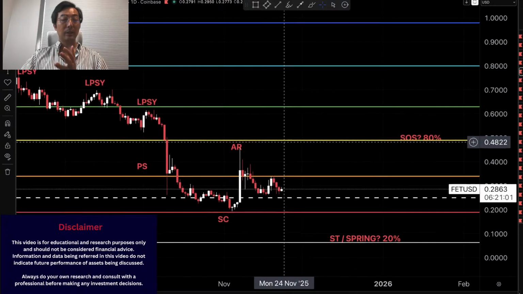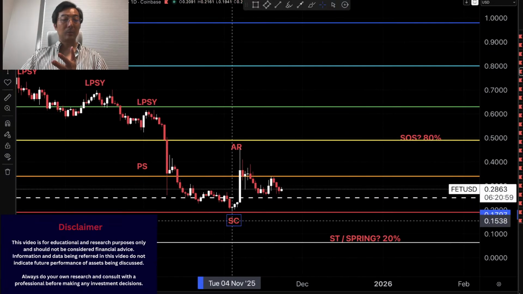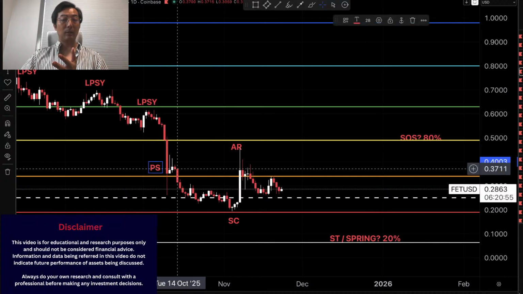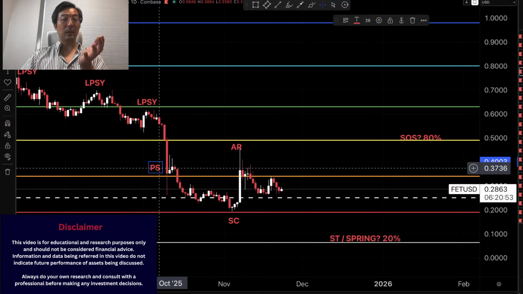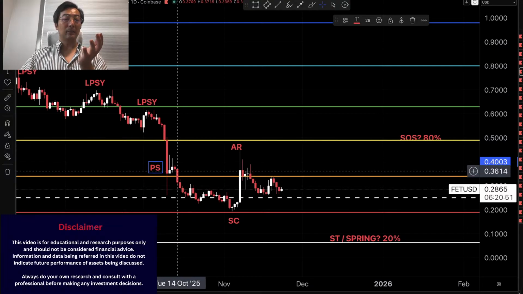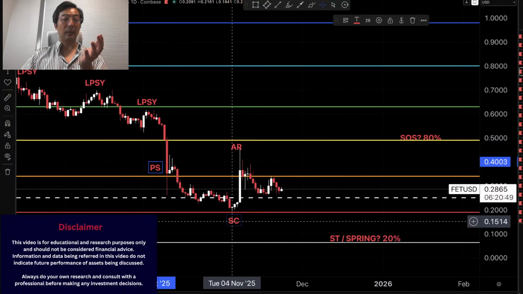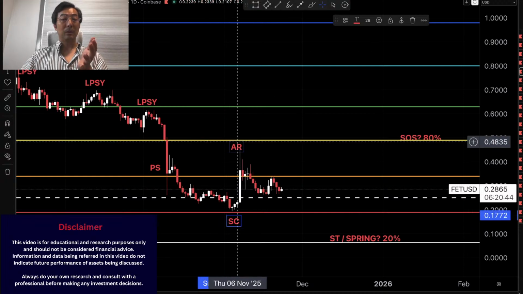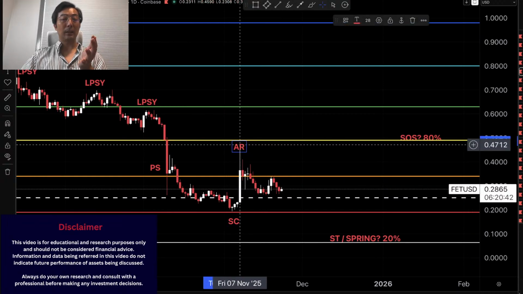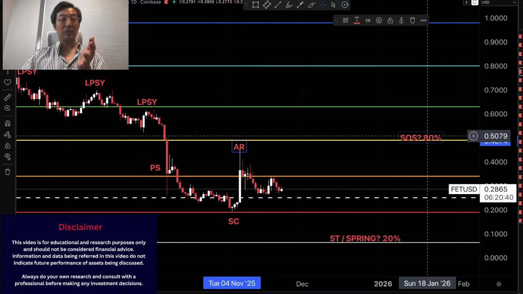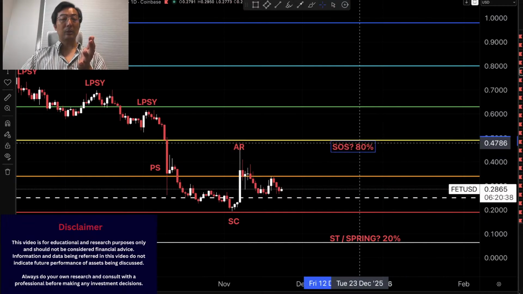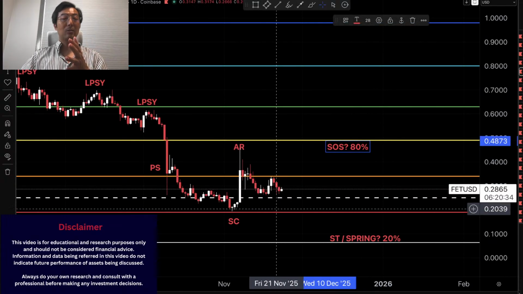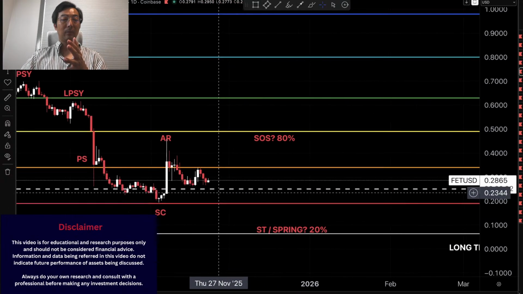Previously, when we discussed this, I was saying somewhere around October 10th was probably the preliminary support, and the selling climax only appeared at the beginning of this month, and then the automatic rally happened around the 7th. We are waiting for a sign of strength, not happening yet. So we're still going through some tests over here.